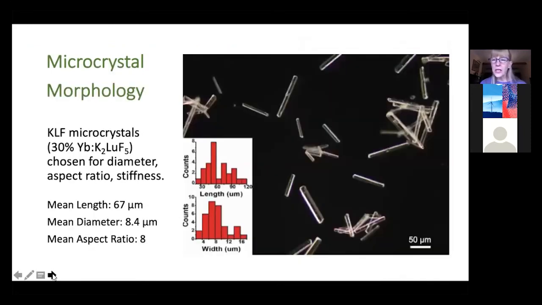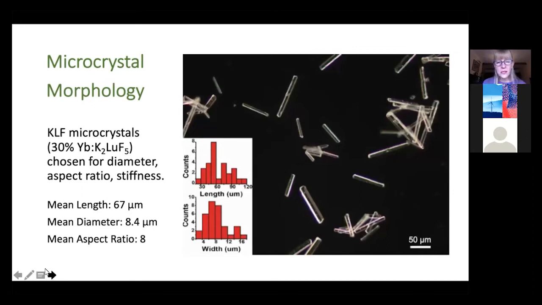All right, here's a little bit about the microcrystal morphology. We were looking for microcrystals that had an aspect ratio of about 10. That's 10 times longer than the width or the diameter. And we were looking for stiff microcrystals. So these are ytterbium doped potassium lutetium fluoride microcrystals.